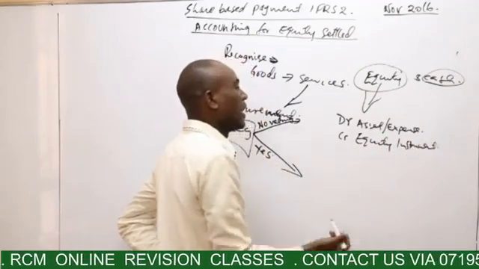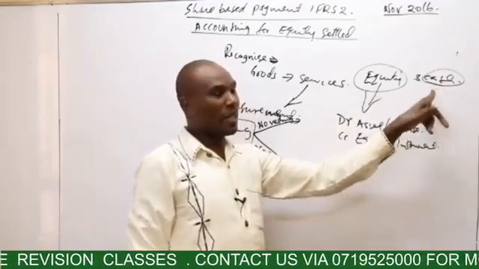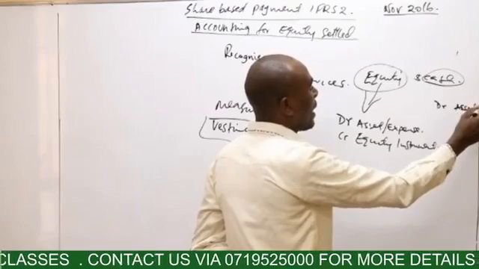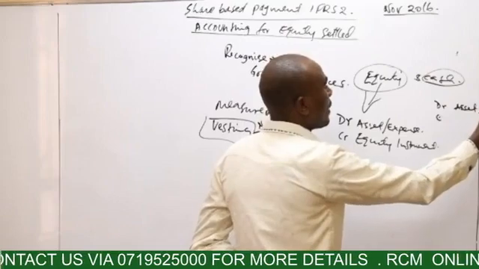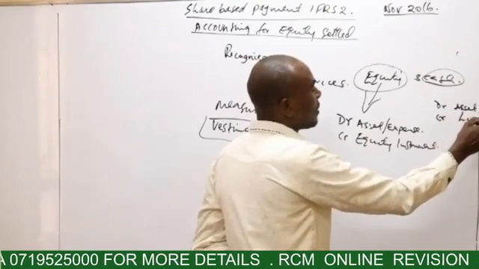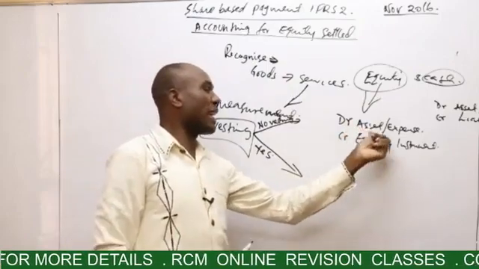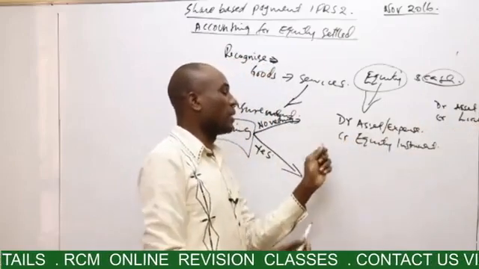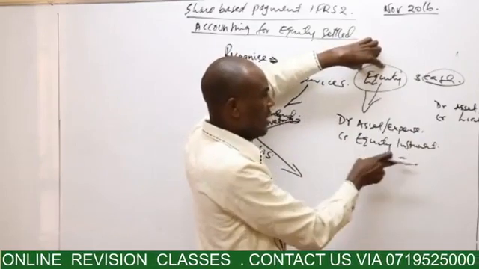But if it is cash settled awards, then I will debit my asset or expense and credit my liability. Debiting has no problem, asset or expense at the same time, but on the credit side, if it is equity settled, I will recognize the equity component in this transaction.